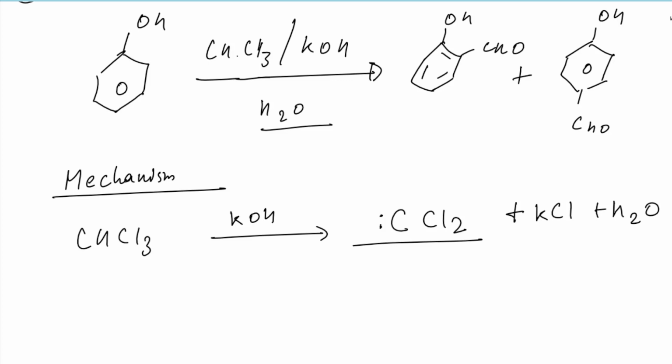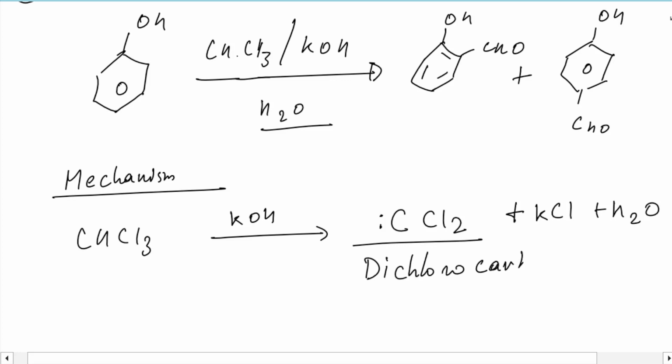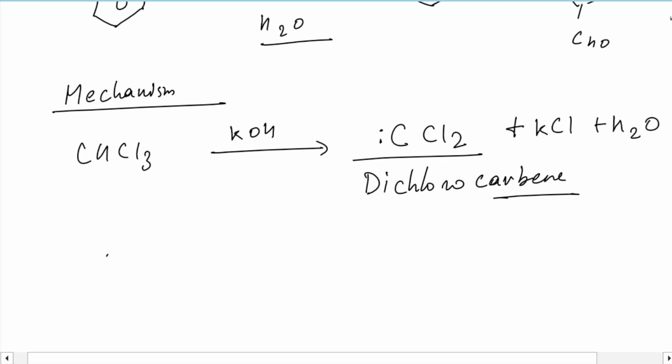This is a carbon with two chlorine atoms, so it is called dichlorocarbene because two Cl atoms are there. So that's about the formation of dichlorocarbene.